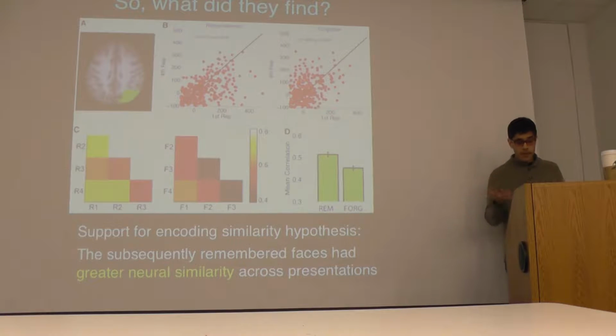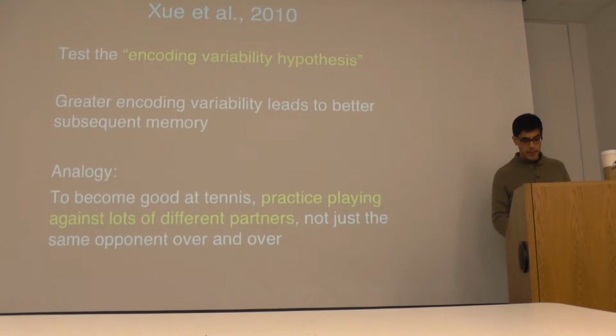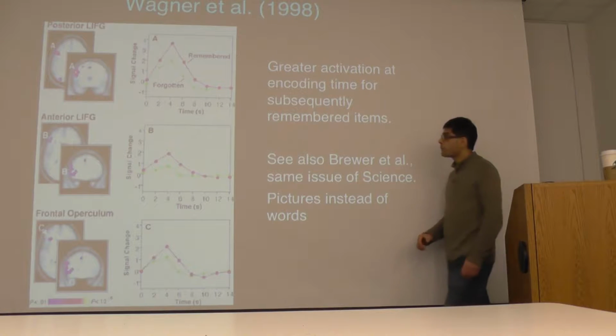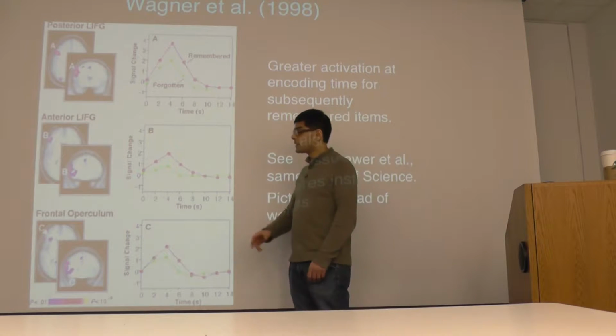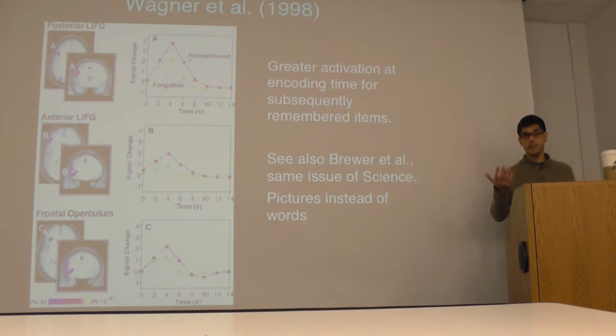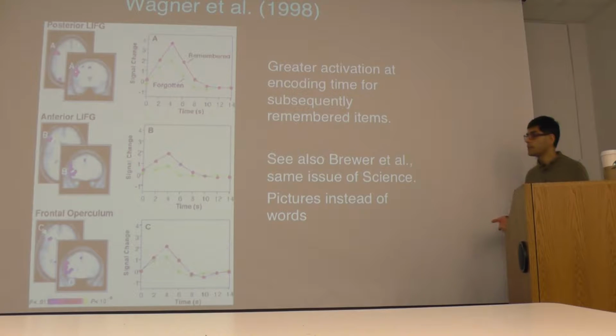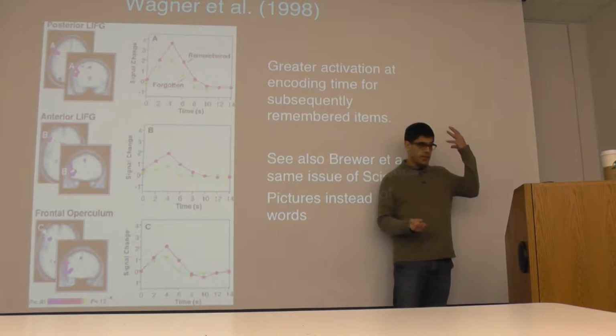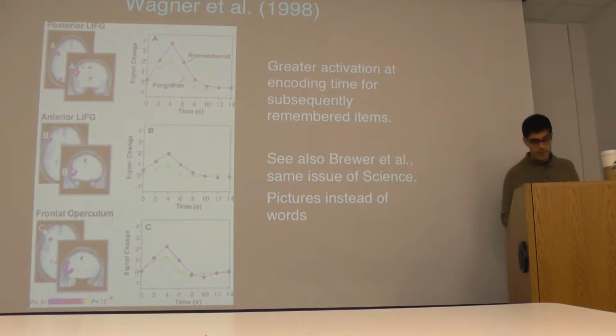Now this does, however, raise a question. We just saw in the Wagner et al. study that you can get pretty good prediction of whether someone's going to remember something or forget it without looking at neural similarity at all, just by looking at activation intensity. You can get good encoding that seems to be strongly correlated just with having more intense activation when the thing was presented.